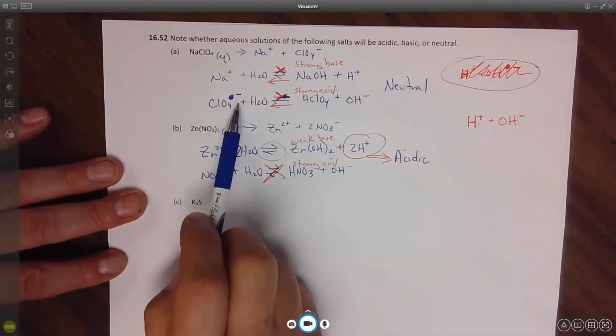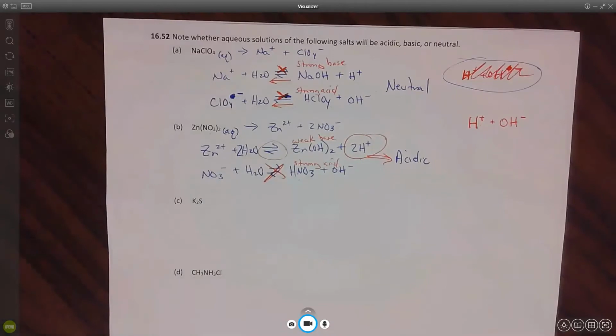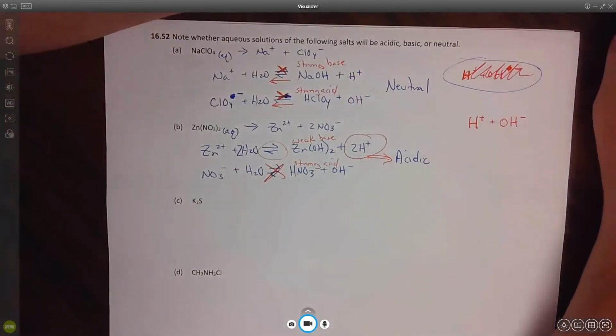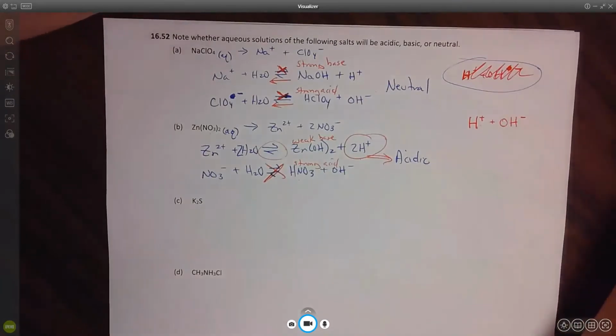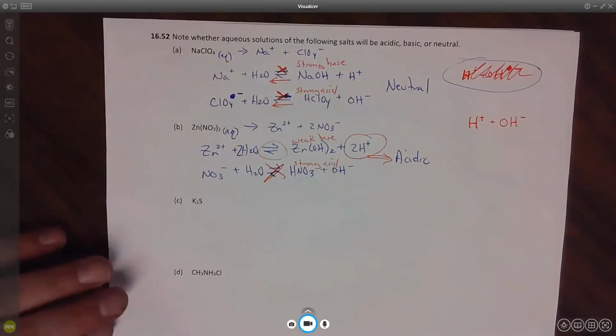This is ClO4 minus. That is the perchlorate ion. I'm not sure. Well, let's go through it. Is potassium sulfide a soluble or insoluble salt? Again, we recognize it's a salt because it's a metal and a non-metal.